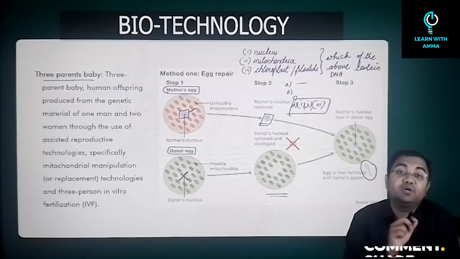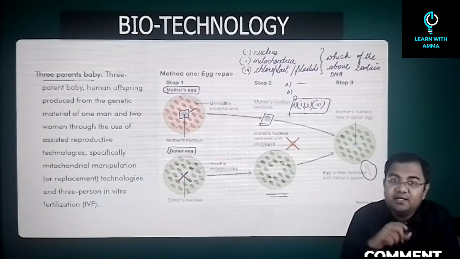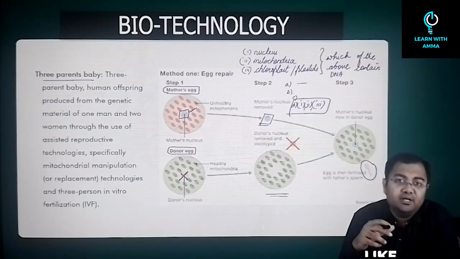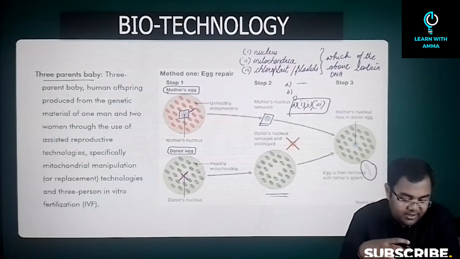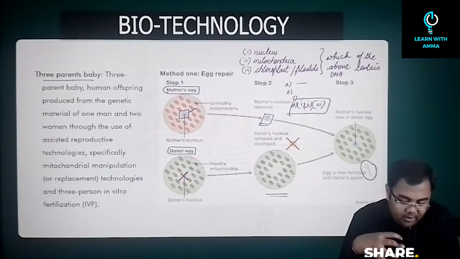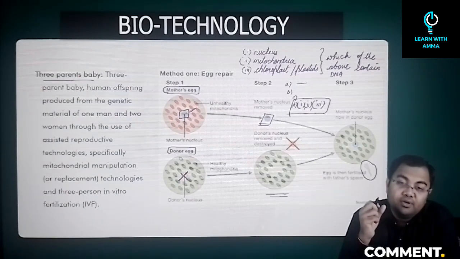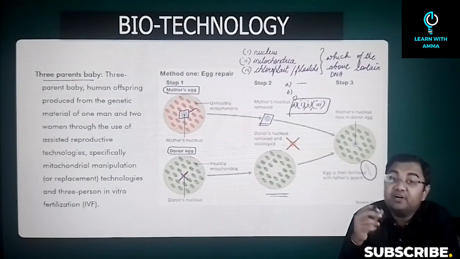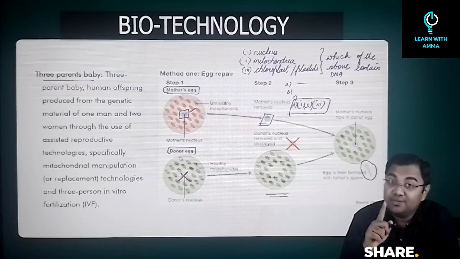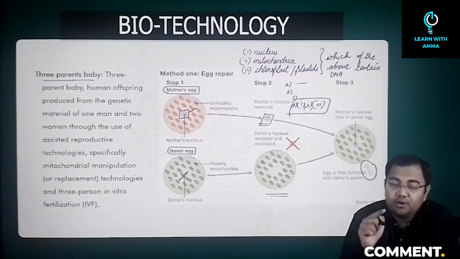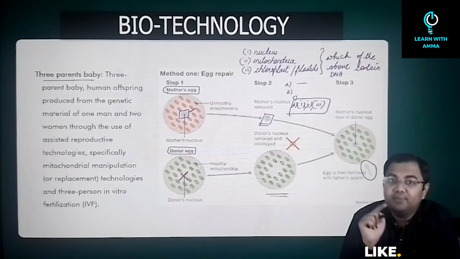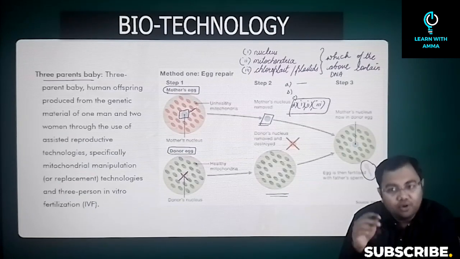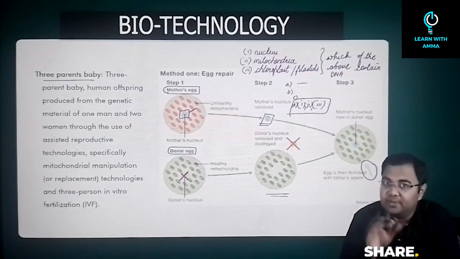That's why in the UK back in 2015-16, there was a case that went on, that in this kind of a three-parent baby concept, can the donor mother also have a claim over the child? The answer was no. The ruling of the courts was no. Why? Because it simply said that, look, all the characteristics are coming from mother and father.